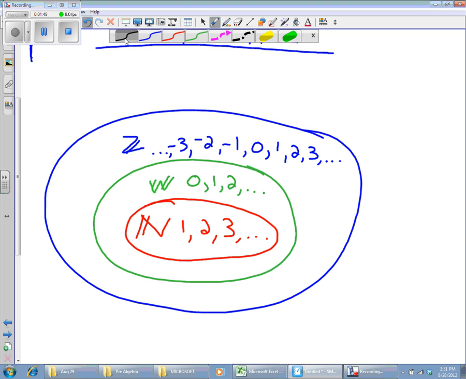All right, and then we learned about our rational numbers. The Q, those are the rationals. And those were all fractions.